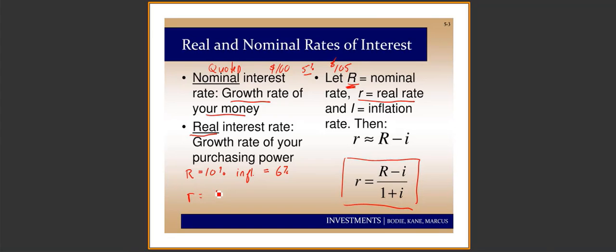So if we take our 10% minus 6% divided by 1 plus inflation, that's going to give us 0.03774, I believe. I did this earlier, which would be 3.78, or about 3.77%. That's the real rate of growth after you take into account that your purchasing power has declined. Right? Holding a $1 constant, you could buy less with that same new dollar than you could have purchased the period before.